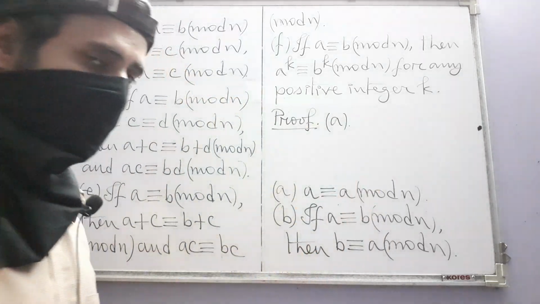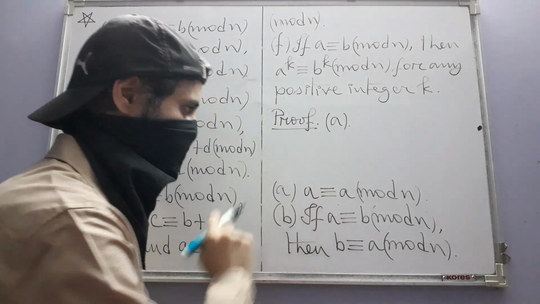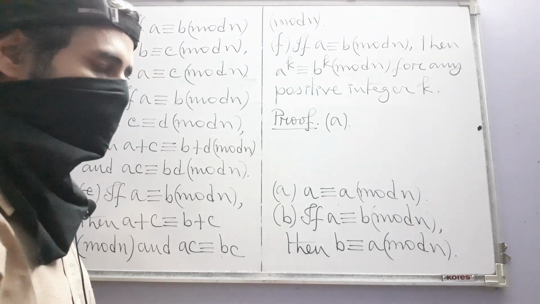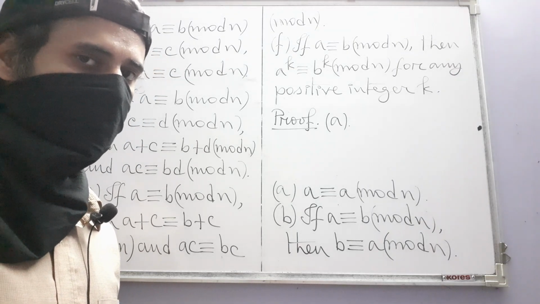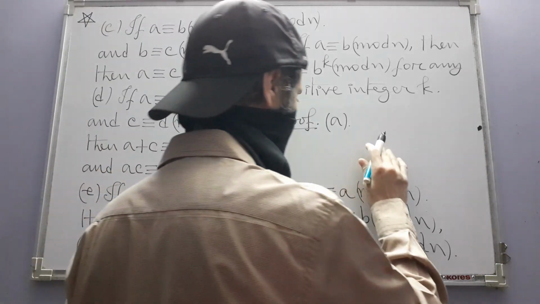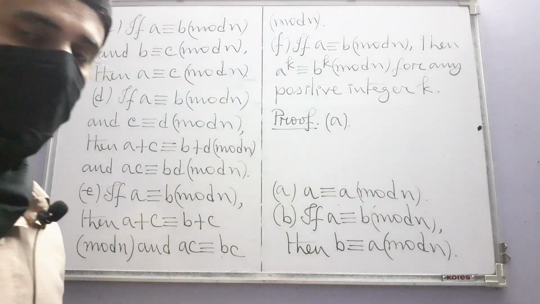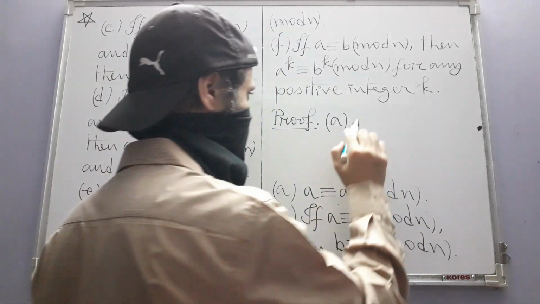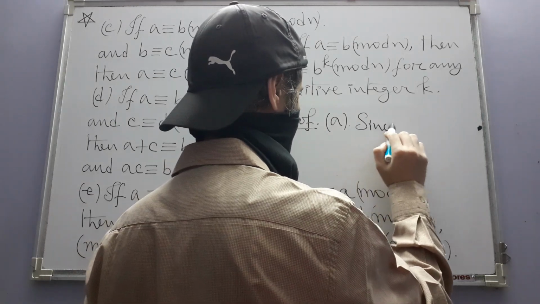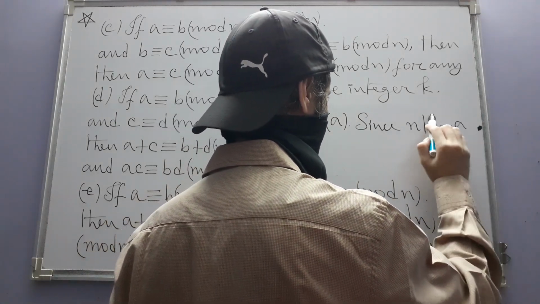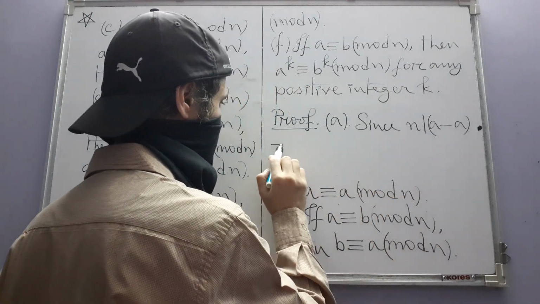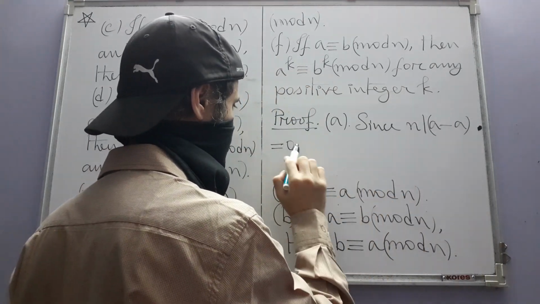What do we need to do to prove that A is congruent to A mod n? We need to show that n divides A minus A. But A minus A is 0, which is always divisible by any non-zero integer, since n divides A minus A equal to 0.